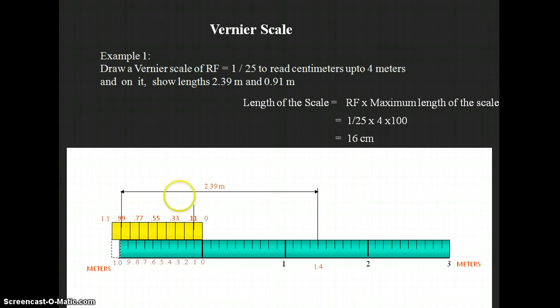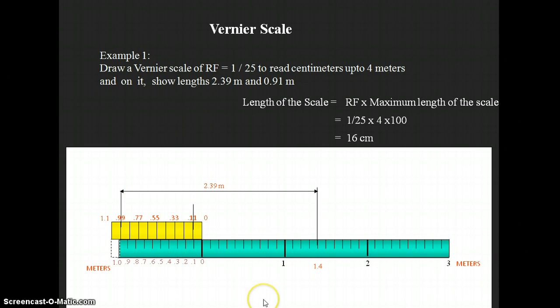So where is the 0.80? The remaining distance is 0.80. Here the first division is 0.1, 0.2, 0.3, 0.4, 0.5, 0.6, 0.7 and 0.8. So this one is the 0.8.